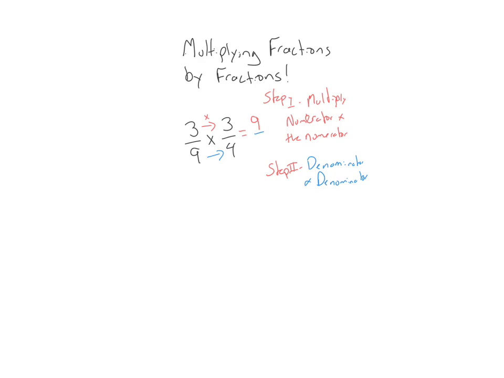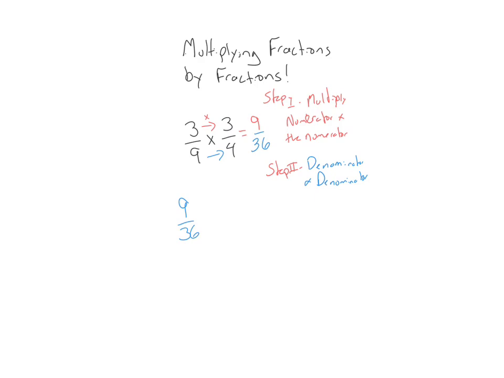Now, the best part about multiplying fractions is we don't have to find common denominators. We multiply straight across our numerators, multiply straight across our denominators. So 9 times 4 is 36. And then I have 9/36. But I'm not quite finished.